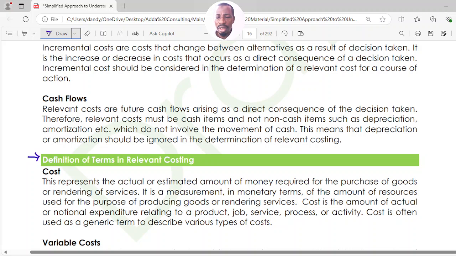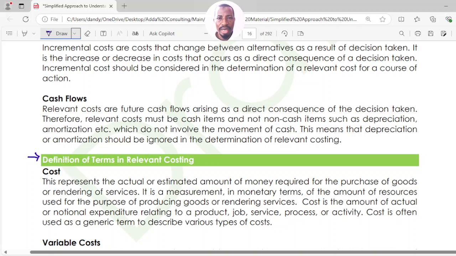So cost represents the amount of actual or notional expenditure relating to a product, job, service, process, or activities. So that is basically what cost is all about.